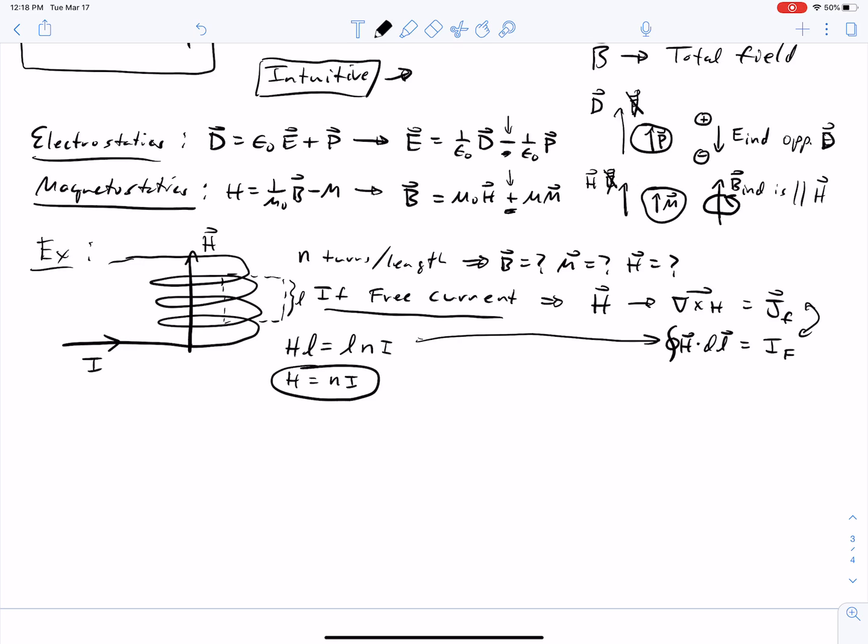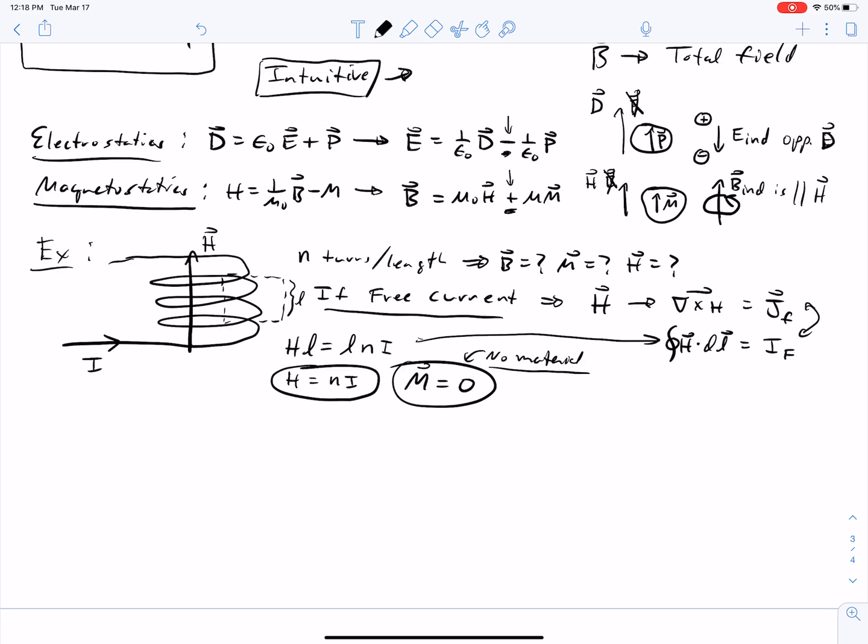Now let's see the magnetization. That's the easy one. M is 0 because there's no material, because M is the magnetization of a material.